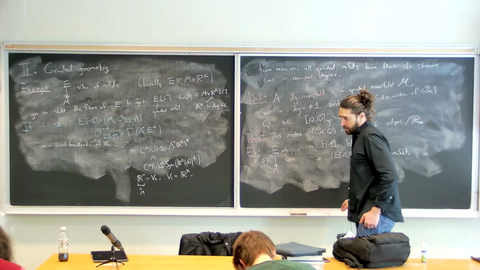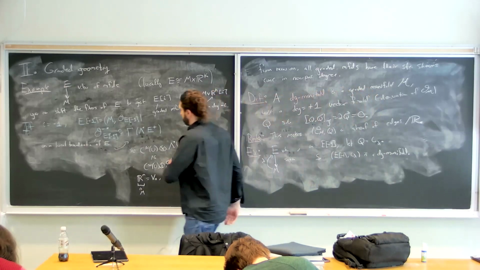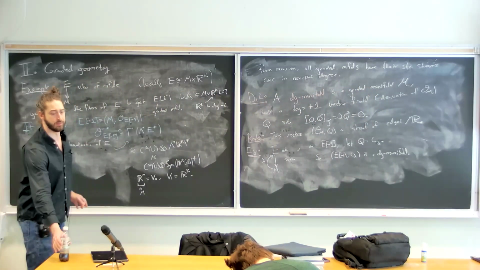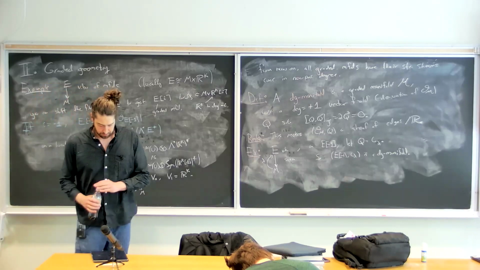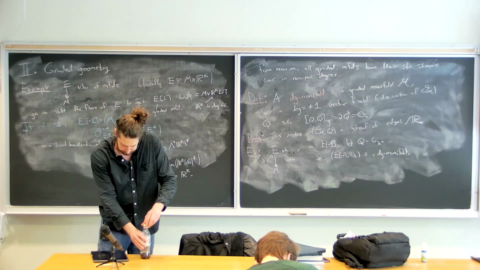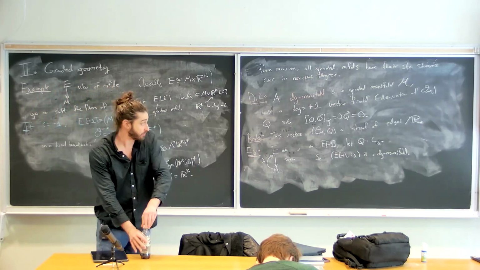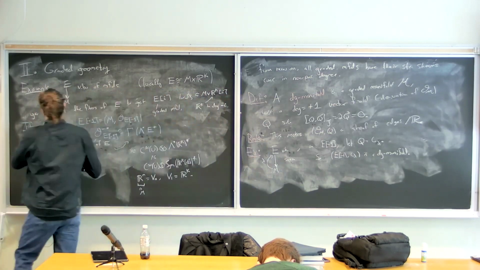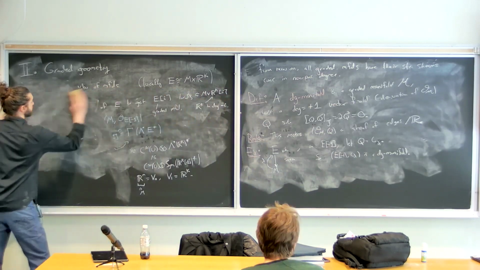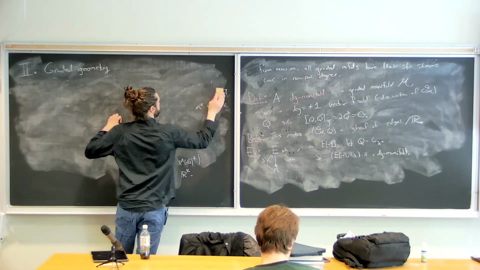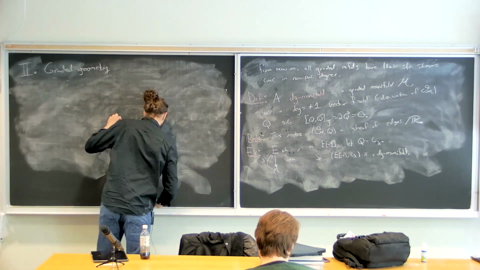Okay. So I claim that this DG manifold is modeling the derived zeros of that section. Now that's not a rigorous statement at this point, but it will be. But maybe first I should point out the following.